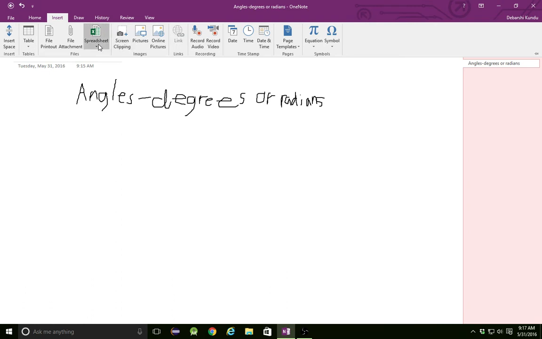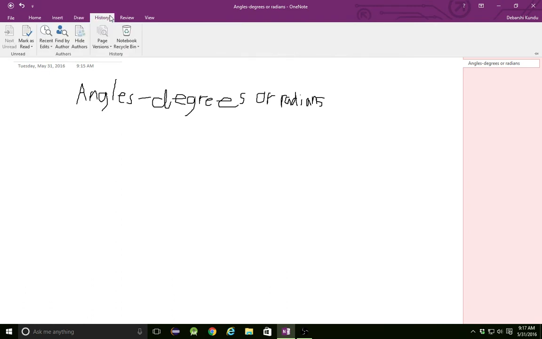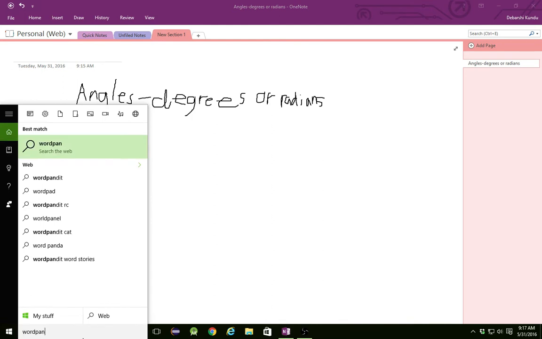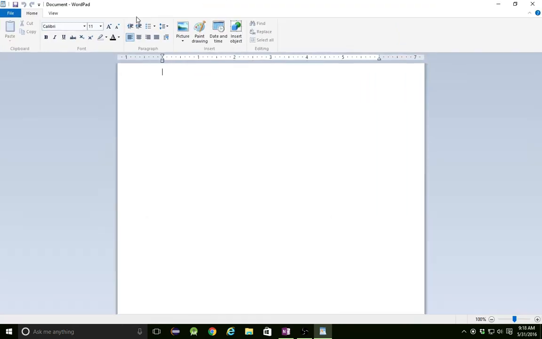Isn't there a text box somewhere or something? So the types of angles that we have are, okay, let's open this in WordPad. The types of angles that we have are, come on.